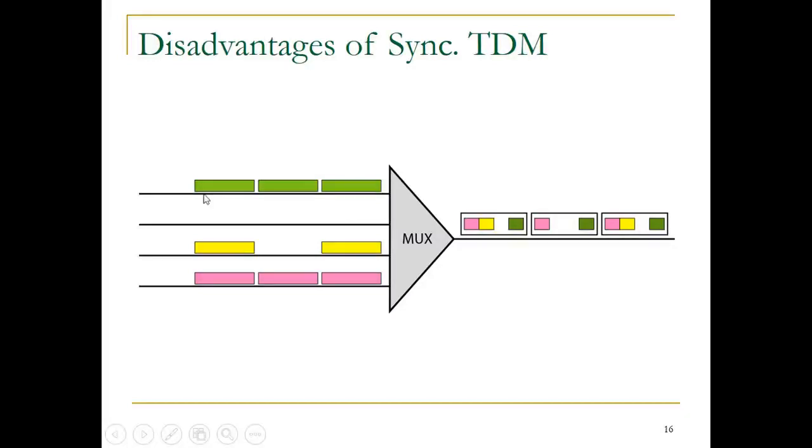And it looks like there are some disadvantages when it comes to synchronous time division multiplexing. The message can fall out of order, especially when one of the bits is dropped, or gets corrupted, or gets lost in transmission.